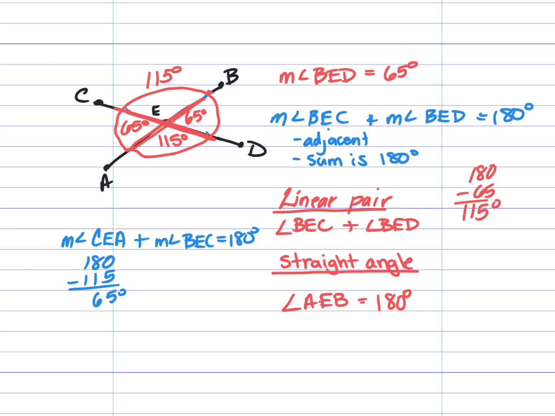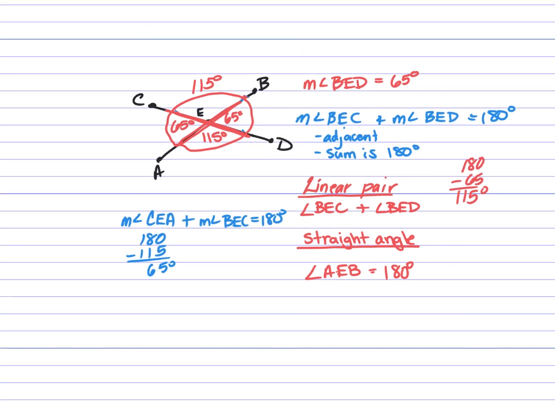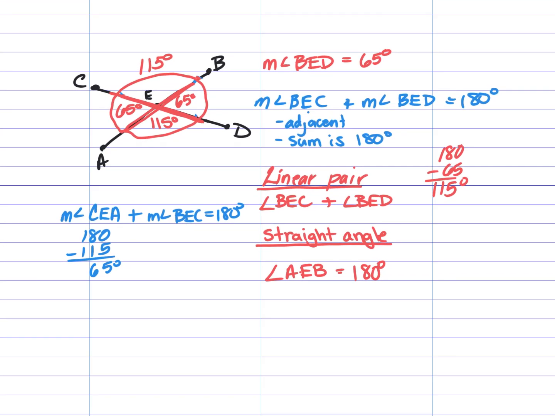When angles are across from each other, as they are in this picture, they're always congruent, and this is called vertical angles. When you have two intersecting lines, therefore creating angles across from each other, even though they're called vertical angles, they are congruent.